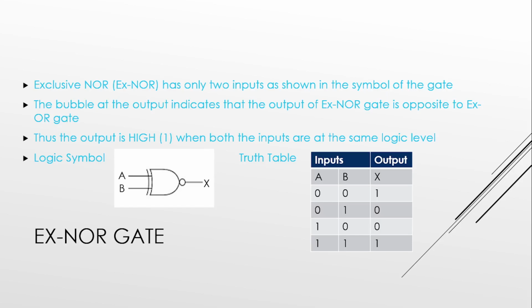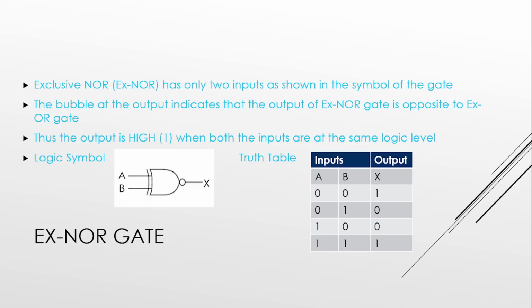You can express the XNOR function in a single sentence: the output is at logic high or 1 if and only if both the inputs are the same, or both the inputs are at the same logic level. If the inputs are opposite, the output is low or zero.